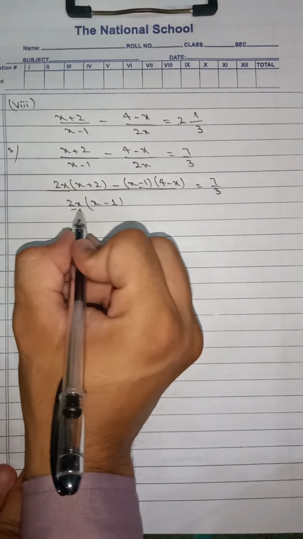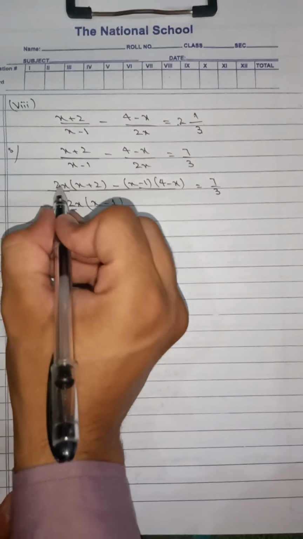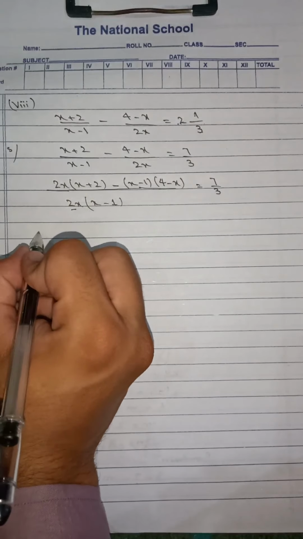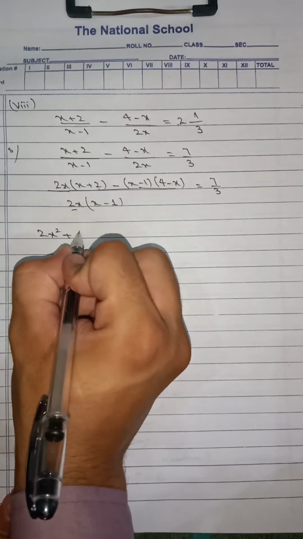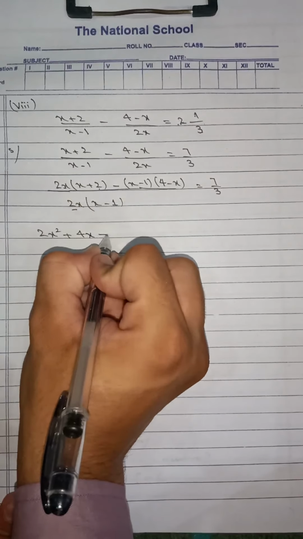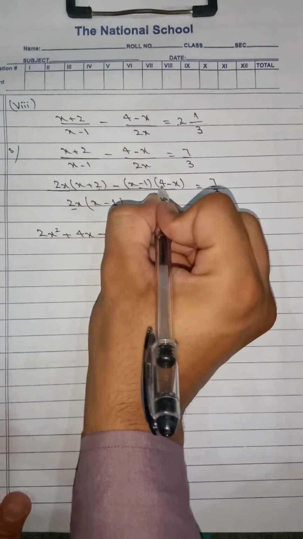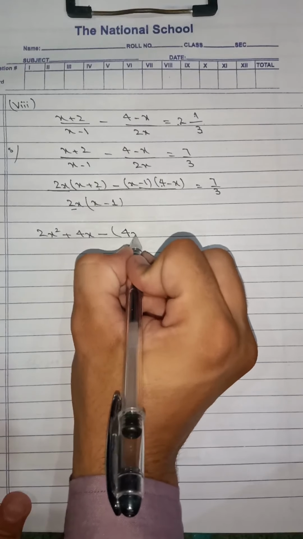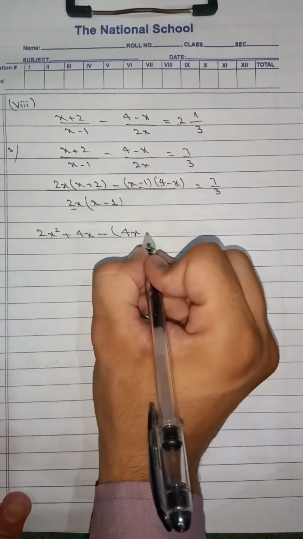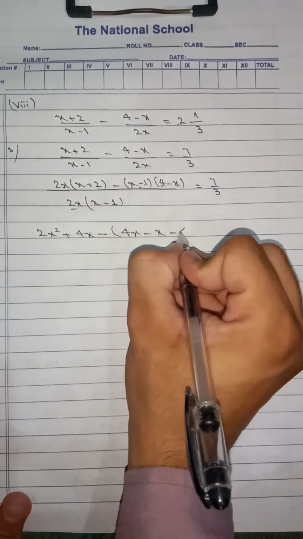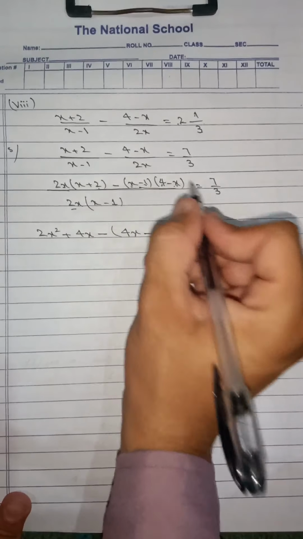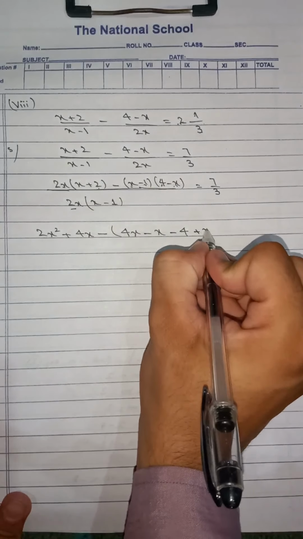Now this will multiply after this. 2x into x equals 2x square, 2x into 2 equals 4x, minus sign, x multiplied by 4 is 4x, x multiplied by minus x, minus 1 multiplied by 4 is minus 4, and minus 1 multiplied by minus x will be plus x.